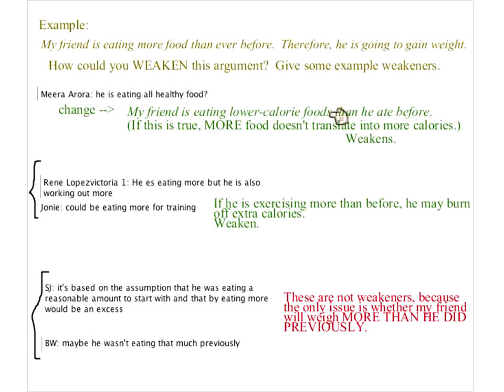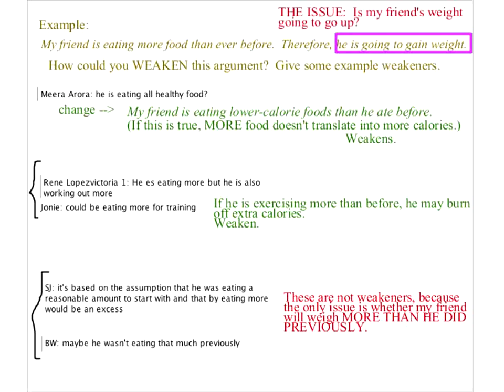The point here is that you've got to focus on the issue. So the issue is: is my friend going to get bigger than he is now? That's the only real issue in the problem. Is my friend's weight going to go up? Notice that whether it's a healthy weight, underweight, or overweight, we don't care.